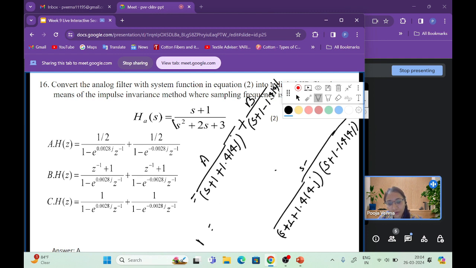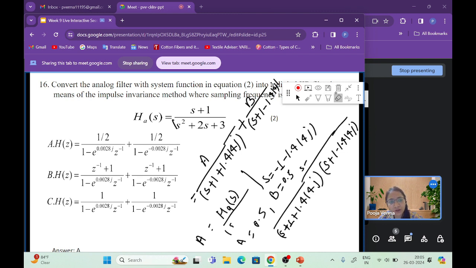In order to find A, we multiply the system function HA of S with the one pole and put S is equal to minus 1 minus 1.414 j. If you solve this, you will get A is equal to 0.5, and similarly if you solve for B, you will also get 0.5.